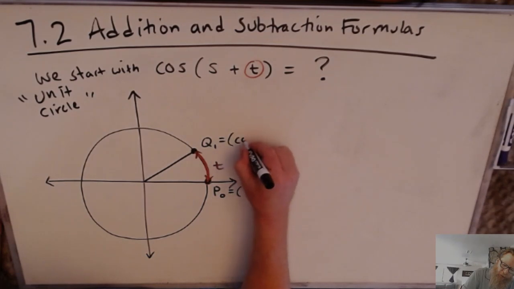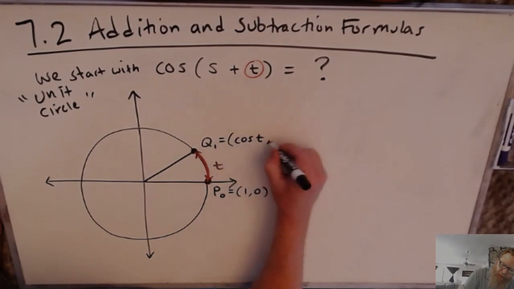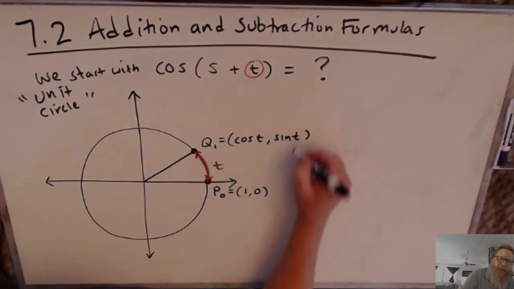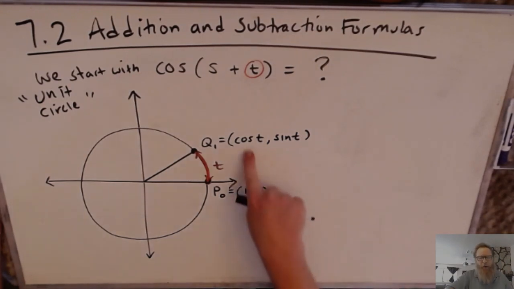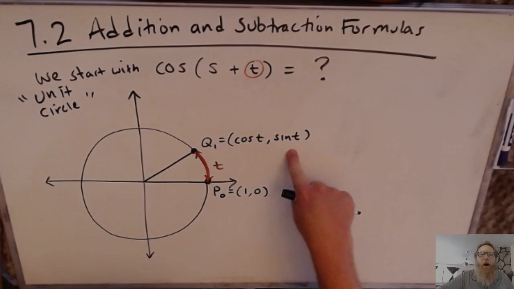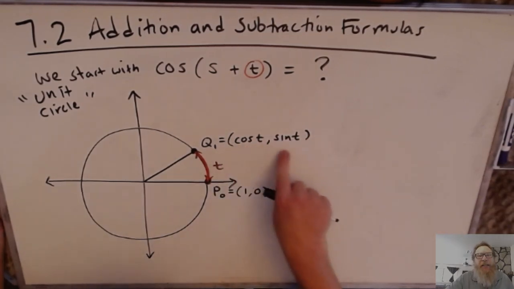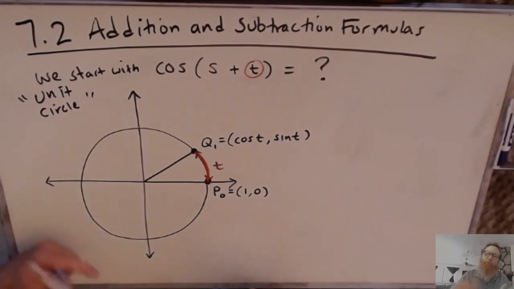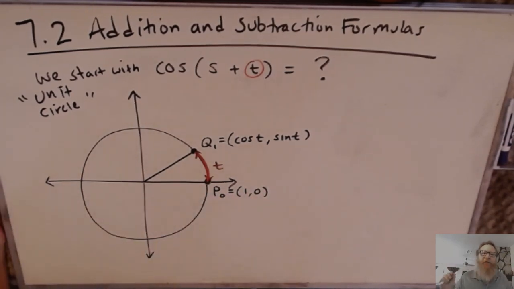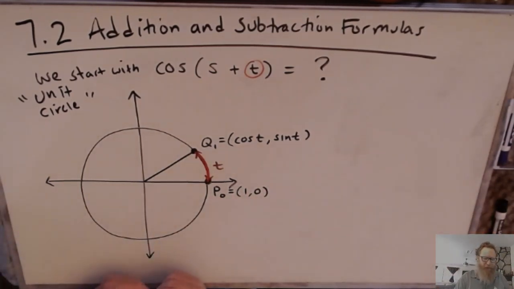So that'll be cosine T, comma sine T. Remember, cosine is the x coordinate and sine is the y coordinate. I'm not going to use the letters x and y. If I bring in the letters x and y, it'll become alphabet soup and we'll be lost in no time. So that's our angle T.